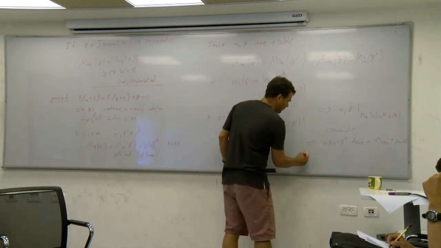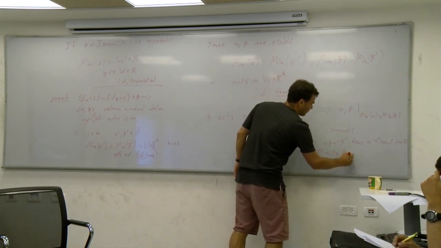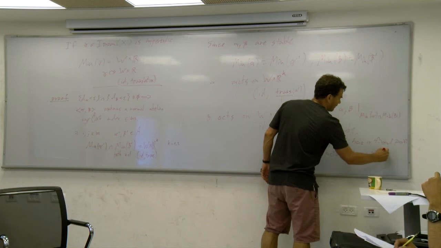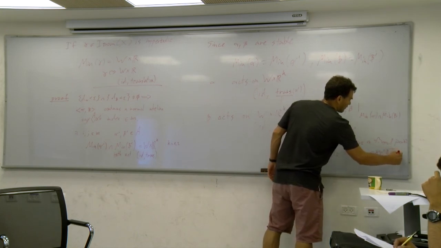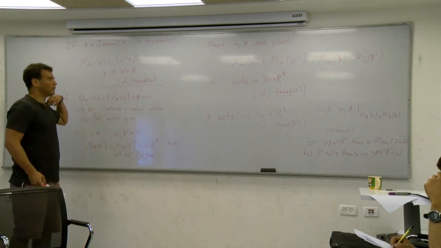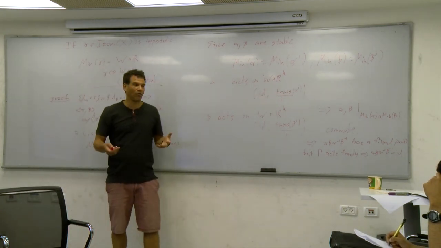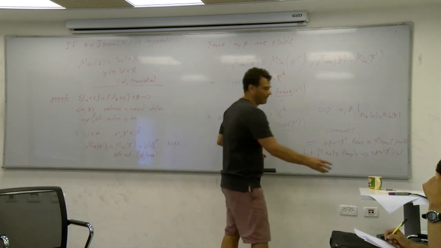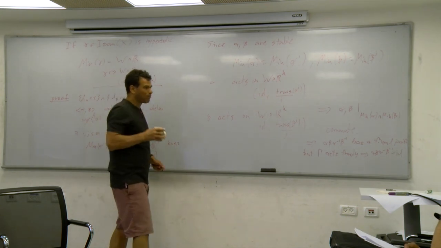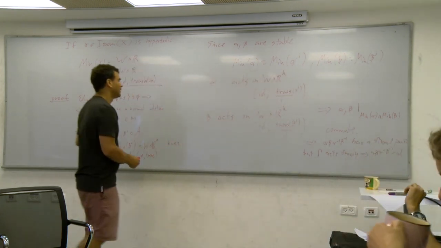But gamma acts freely, which implies that alpha and beta commute. So now we are in really good shape, because locally everything commutes.